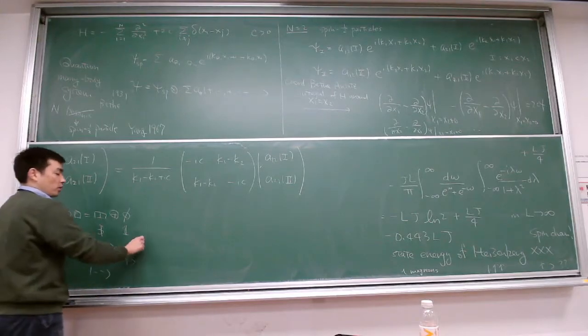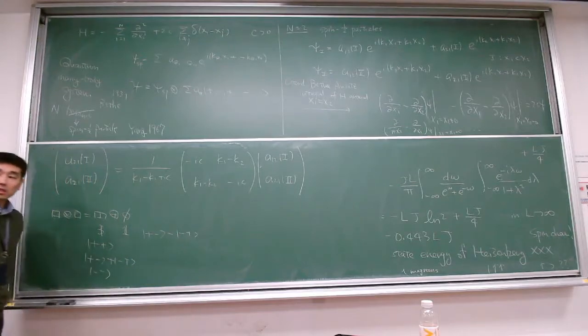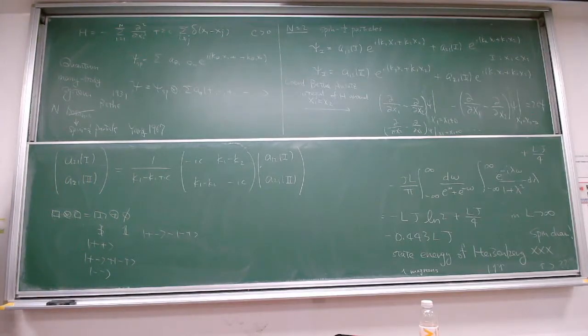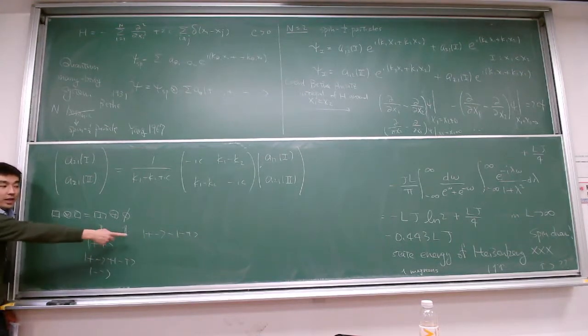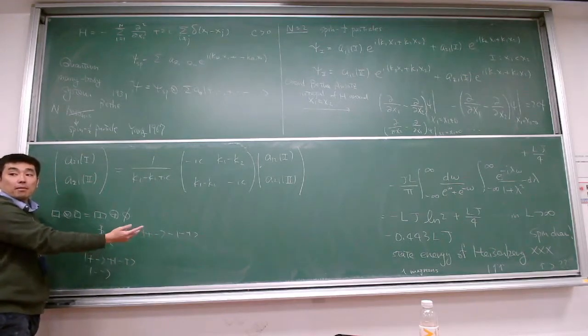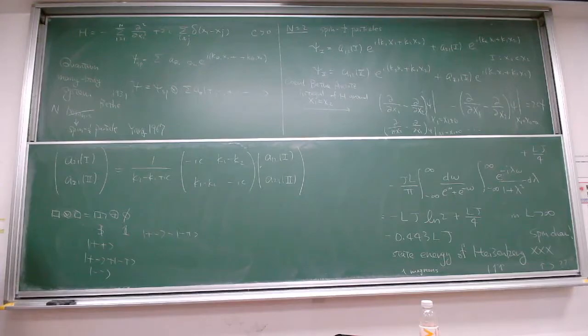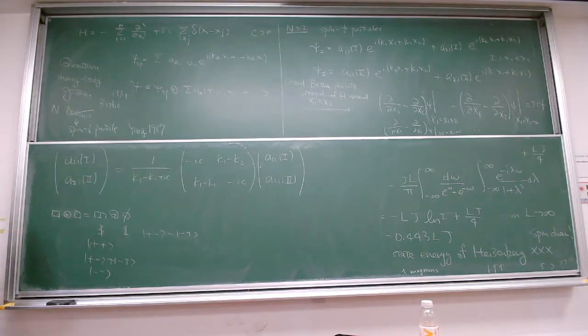On the other hand, here the basis is plus-minus minus minus-plus. So this is the basis. Therefore, here if you swap the two particles, the internal state just stays as it is. On the other hand, here if you swap the internal degrees of freedom, you have a minus sign. So there is a difference between the triplet and the singlet in the internal states.